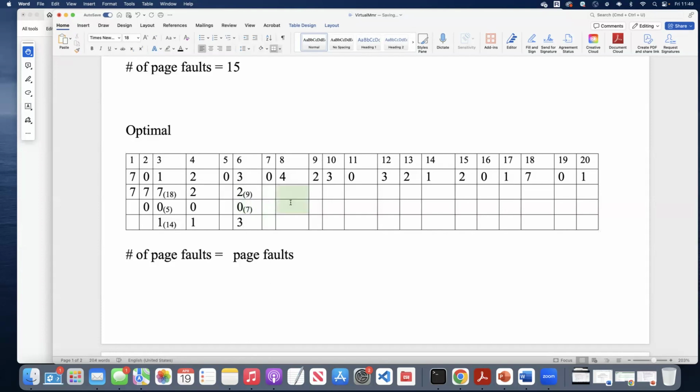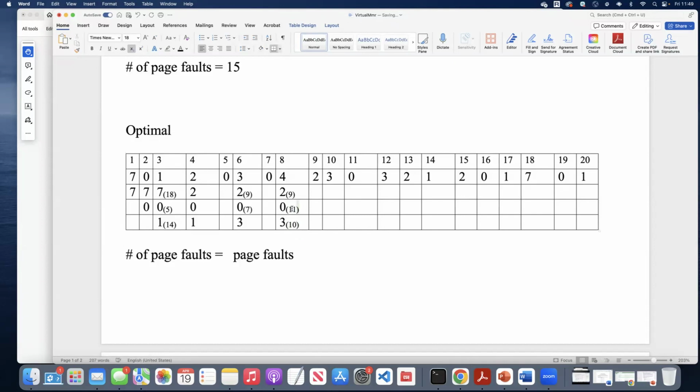And then page 4 is needed. Page 4, we have the page fault and we need the page replacement. Currently in the memory, we have page 2, which will be accessed at time 9, page 0 will be accessed at time 11, and page 3 will be accessed at time 10.